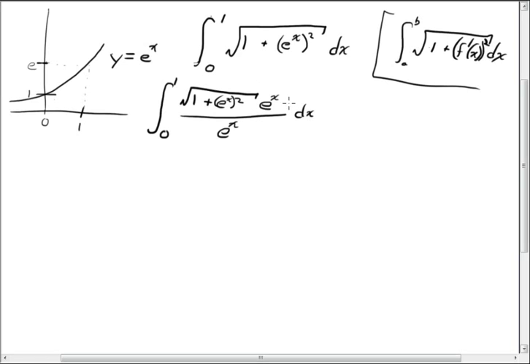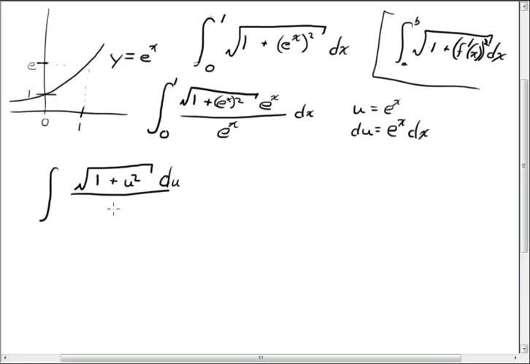Now we have a derivative and a function: the derivative of a function times the original function. So we can set u equal to e to the x. du is equal to e to the x dx. So we have the integral of the square root of 1 plus u squared times du over u.